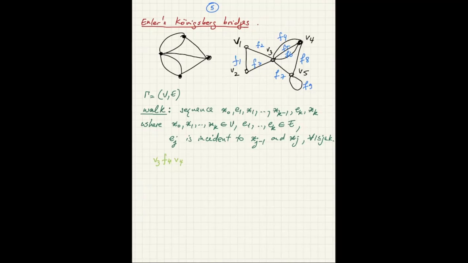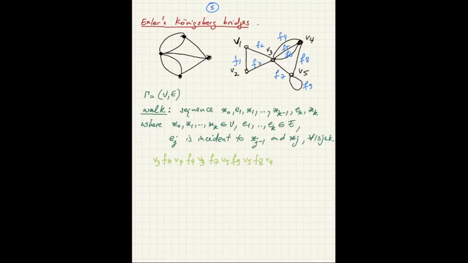I can go back on edge F4 if I want. I can use it again, going back to V3. I can use F7 to go to V5. I can use F9 to stay at V5. And then I can use F8 to go to V4 and so on.